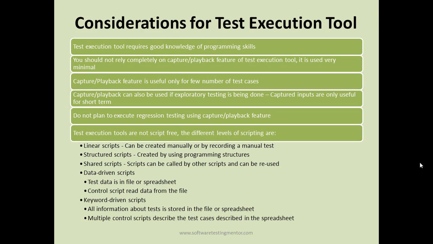In a data-driven automation framework, you have test data in another file or spreadsheet, and there is a control script or control code or class which reads data from that spreadsheet. In a keyword-driven framework, you have all the information about the test stored in a file or spreadsheet, and multiple control scripts implement the behavior for the test cases described in the spreadsheet.